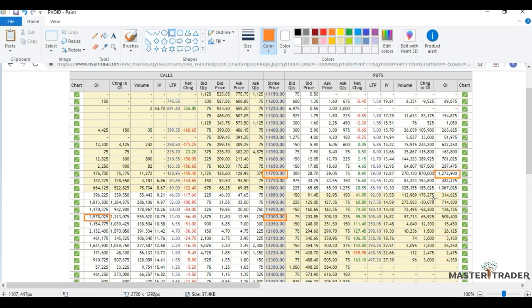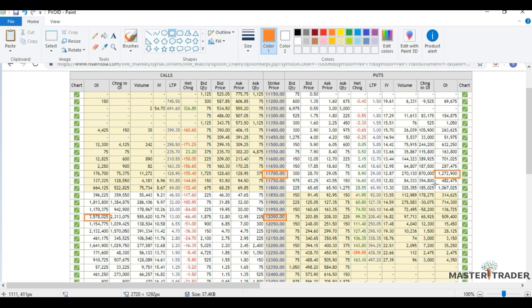or they're trying to create fresh selling positions. Okay, I hope this is not confusing you, right? Positive open interest here means that people are selling put options.